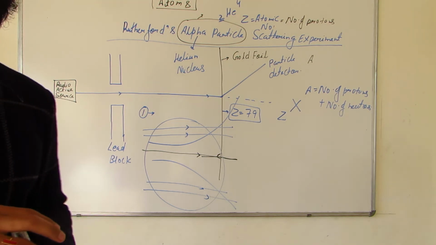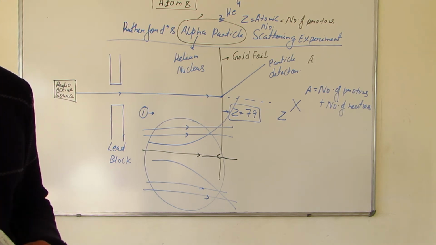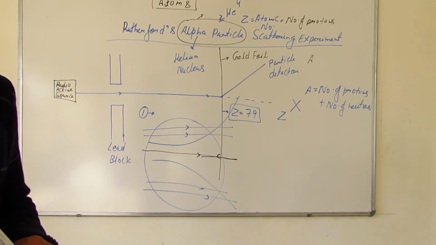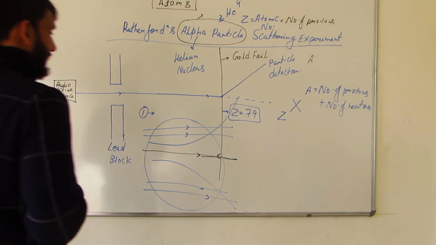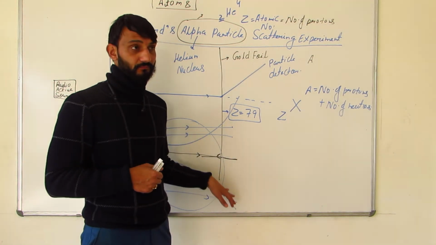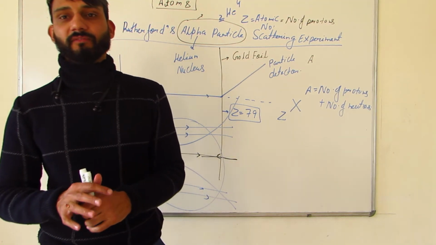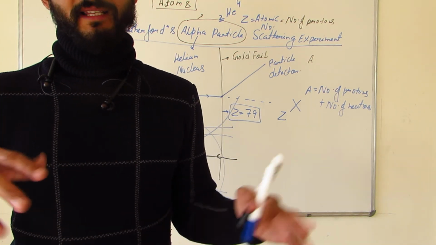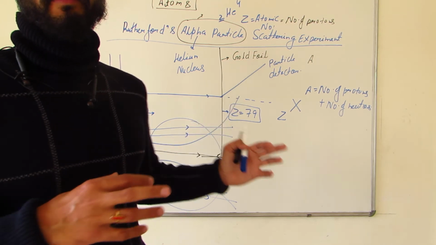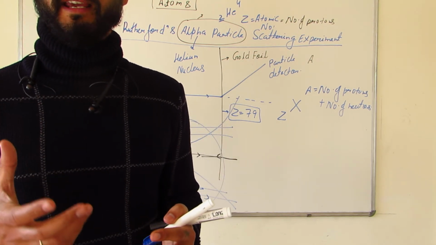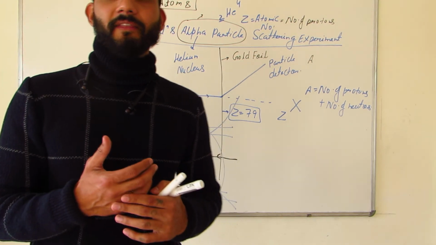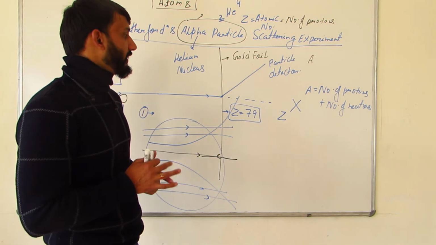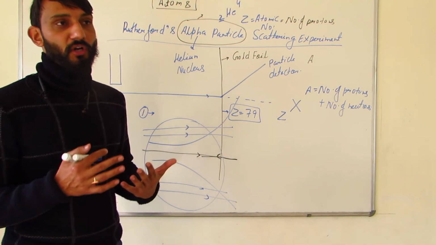By that time he did not coin the term nucleus, but he said that somewhere inside the atom you have the positive charge concentrated at a place, and obviously the mass also, because alpha particle is a very heavy particle and you cannot deflect it with a small amount of force.